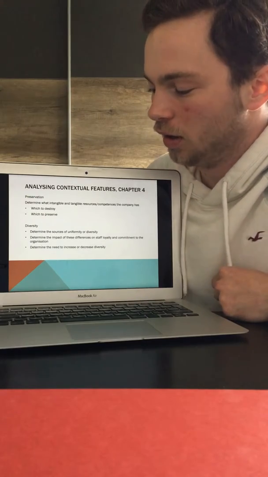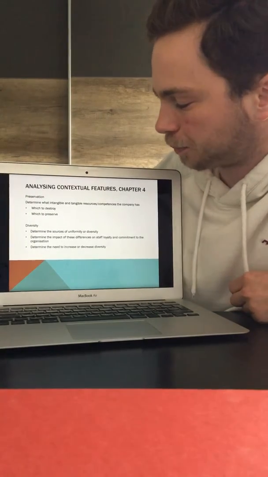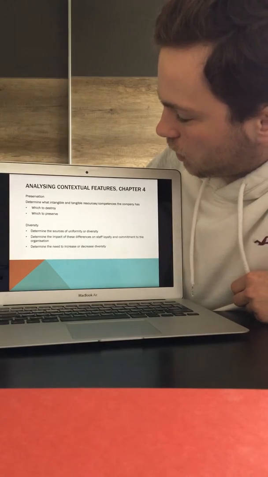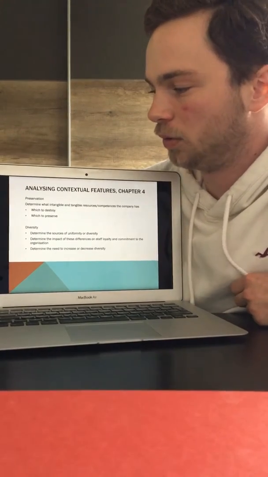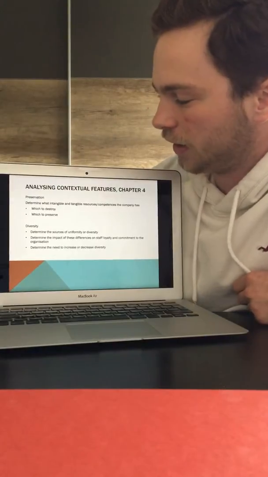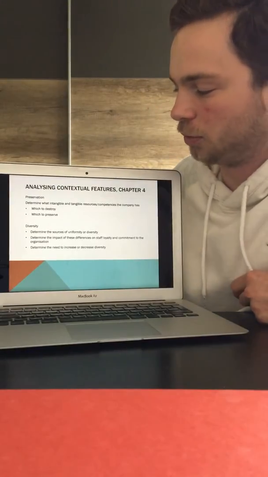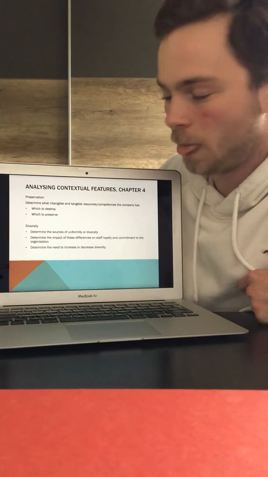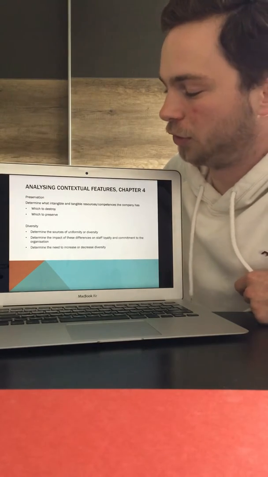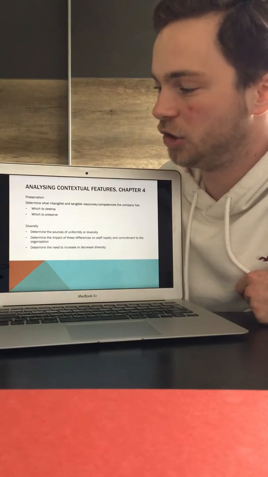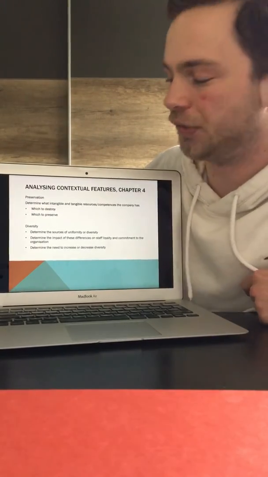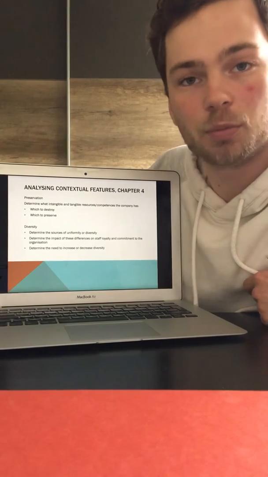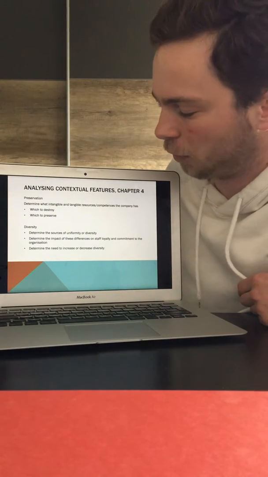These things are usually intangible. And when you describe these contextual resources, it is important to determine which ones to destroy and which ones to preserve. So which ones serve the change you want and which ones do you need to destroy in order to achieve that change.